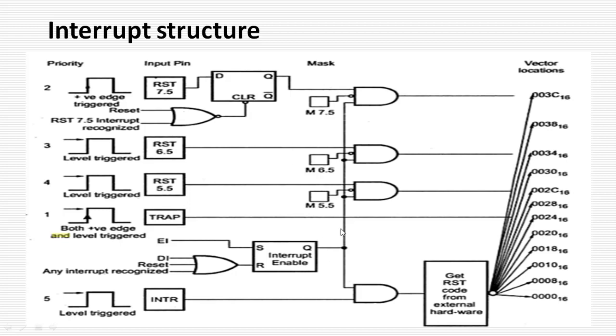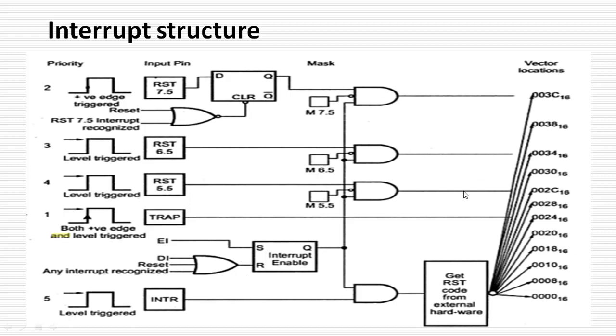To reset these three interrupts, we use three types of reset signals: one is disable interrupt, another is reset, and the third is when any interrupt is recognized. So to enable as well as disable these interrupts, we use one SR flip-flop.